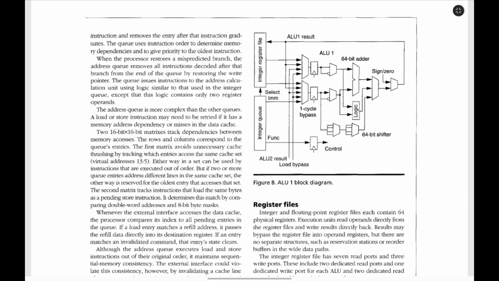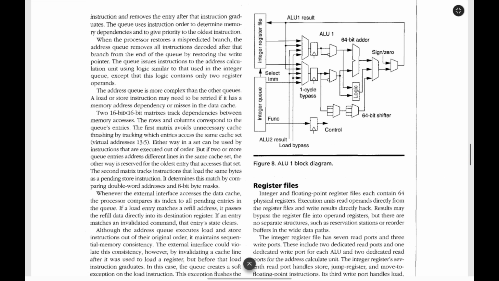The queue uses instruction order to determine the memory dependencies and to give priority to the oldest instruction. So when a processor restores a mispredicted branch, the address queue removes all instructions decoded after the branch from the end of the queue by restoring the write pointer.